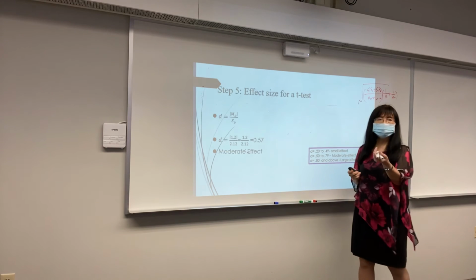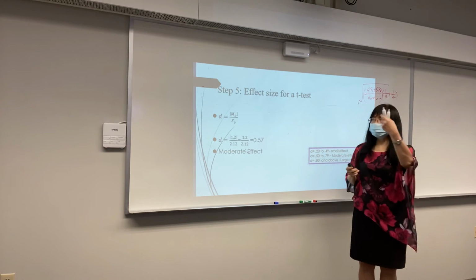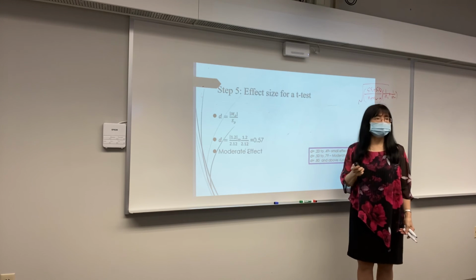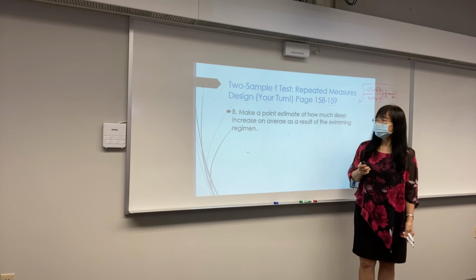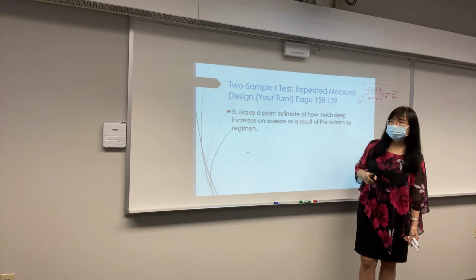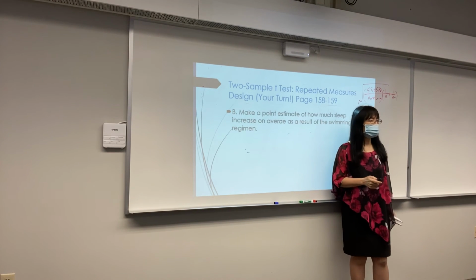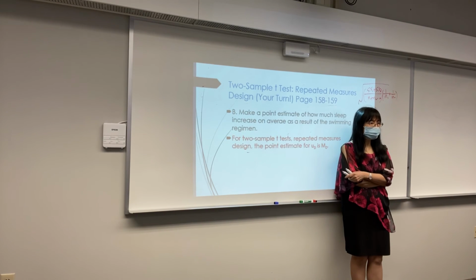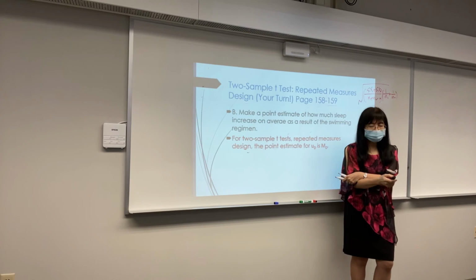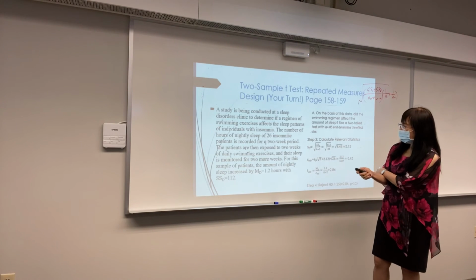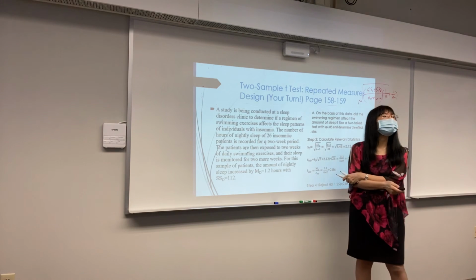Okay. So of course the main point for this chapter is to do the point estimate. So what's your point estimate? We say it's empty, right? And we got empty here, 1.2.